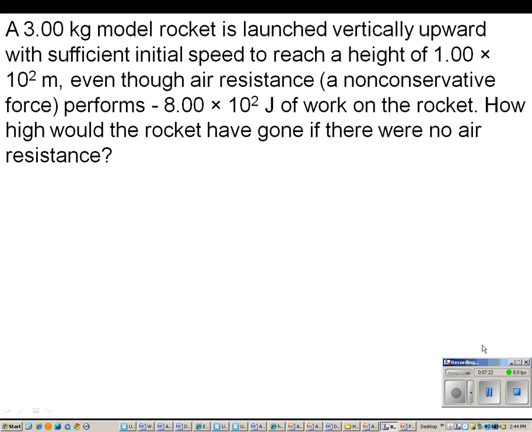So you would have had 3 kilograms times gravity times the additional height, h. So that height is really the 800 joules divided by the 30 newtons, which is an additional 27 meters. And so since it went up to 100 meters, and then you have this additional 27 meters due to this 800 joules, it's 127 meters total that it would have gone up.